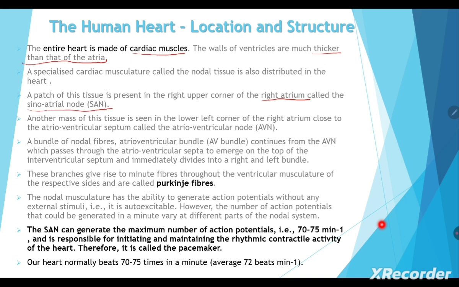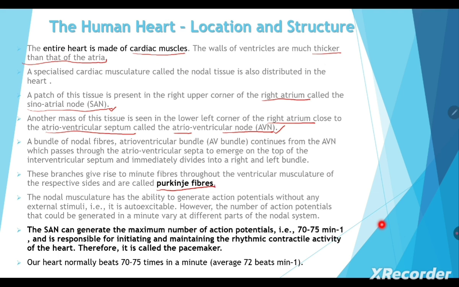And if we go to another mass of tissue, in the lower corner of the right atrium, close to the atrioventricular septum, the septum between the atria and ventricle, it is called the atrioventricular node, that is AVN, and this one is called SAN, okay. And these branches give minute fibers throughout the ventricle muscles on the respective sides, called the Purkinje fibers, okay.